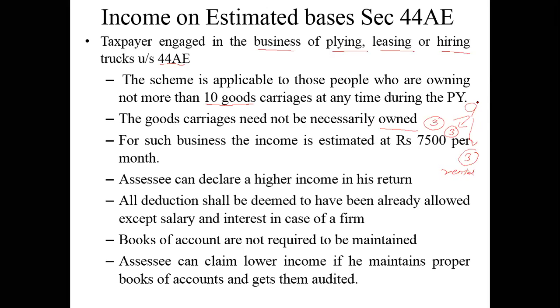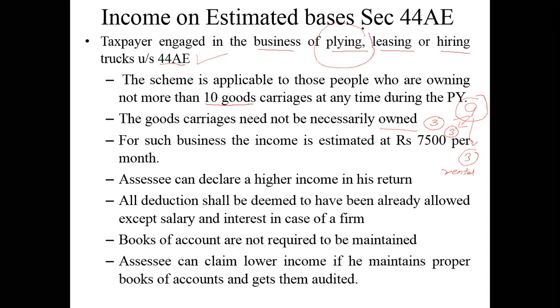So in all, under my business, I have 9 trucks. Of these 9 trucks, only 3 are owned by me. The remaining 6 trucks are not owned. In spite of all this, I can still make use of this section 44AE for the simple reason that I am plying the business of transport.